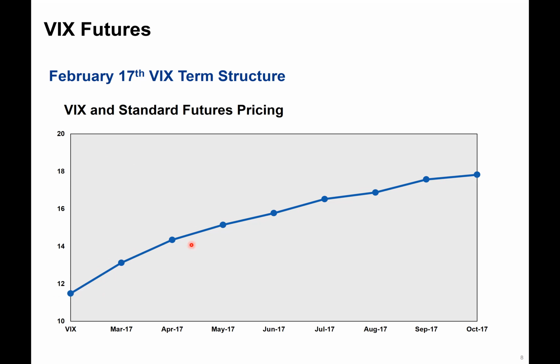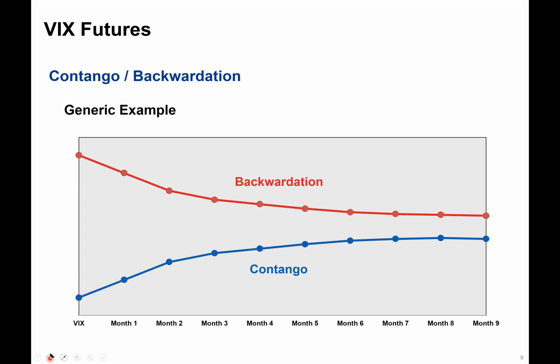So as you go farther out in time, when we're in a low VIX environment, we just tend to see a nice slope upward, and we refer to that as being in contango. Now, when VIX has a quick move to the upside and the futures are at a discount, we refer to that as being in backwardation. And backwardation can persist when VIX is at higher levels for an extended period of time.